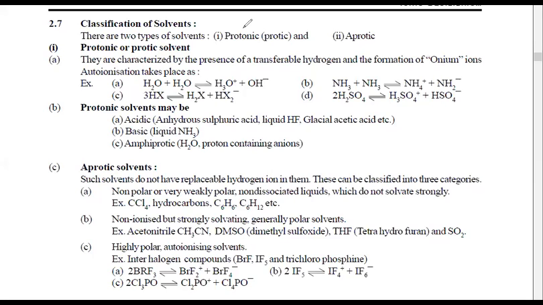Tell me. Yes, very good. Most of the organic solvents, I'm not saying every organic solvent, but most are non-polar solvents. Yes, very good.